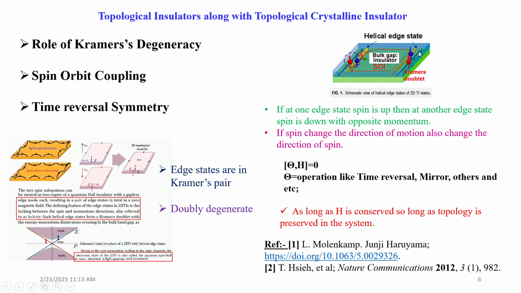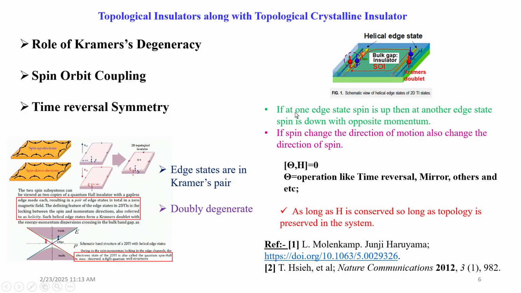These are the Kramers doublets. This means that the yellow one and the blue one are the two eigenstates, but the energy is the same, and the electron can reside either in the blue state or in the yellow state. But at a certain time there is only one electron here, and as the electron changes the direction of its spin, it also changes the direction of its momentum on the other edge.